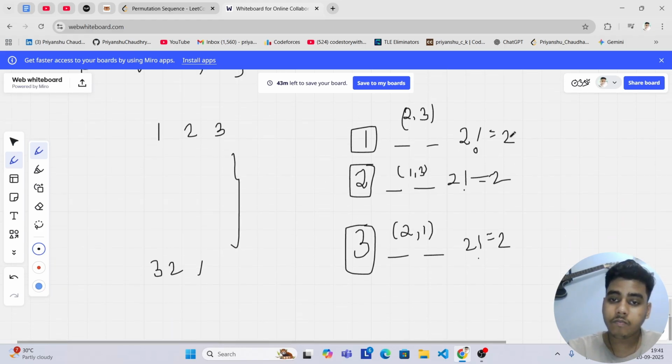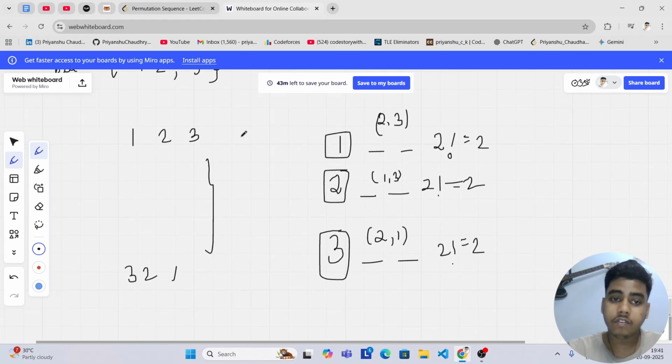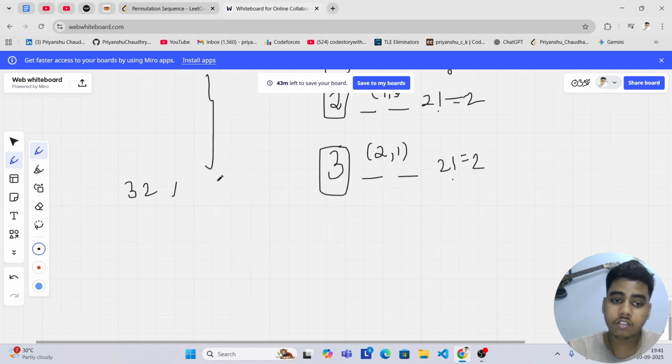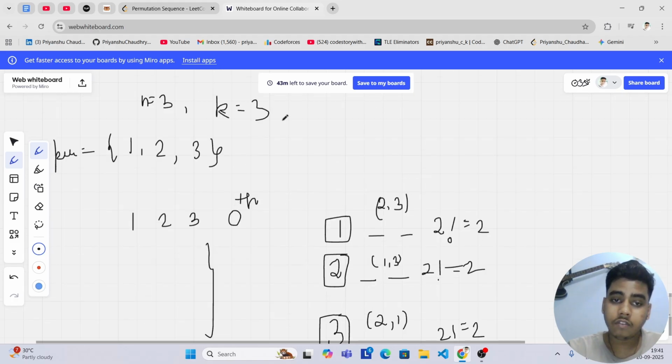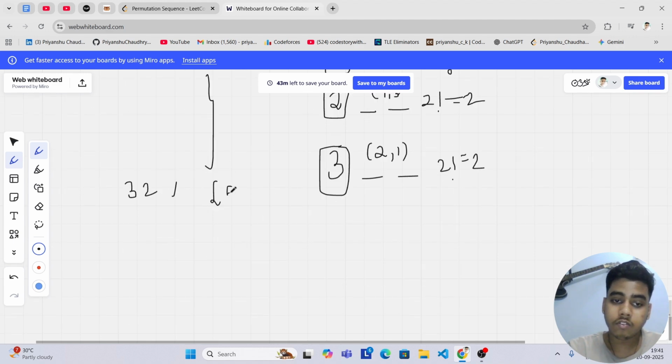If we take 0-based indexing, 1 2 3 will be at my 0th index, and 3 2 1 will be at 3 factorial, which is 6. Since I am taking 0-based indexing, this will be at my 5th index.